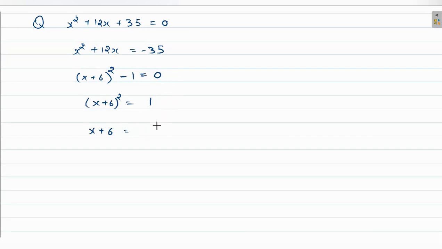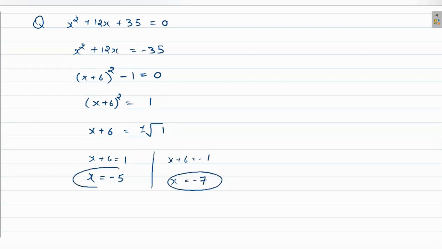Square root of plus 1 or minus 1. So x plus 6 will come out to be 1, or you can say x plus 6 will be equal to negative 1. Then if you further simplify, x will come out to be a negative 5 for us. And over here, x will come out to be a negative 7 for us. Yes or no? These are the two values that we were looking for. Get it?